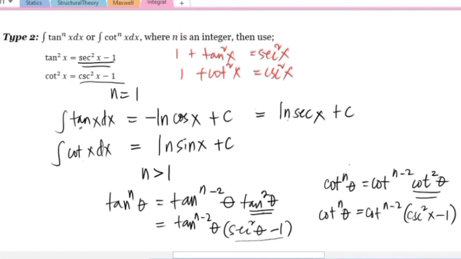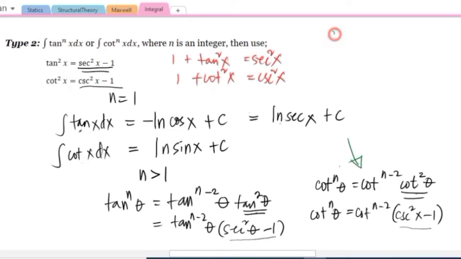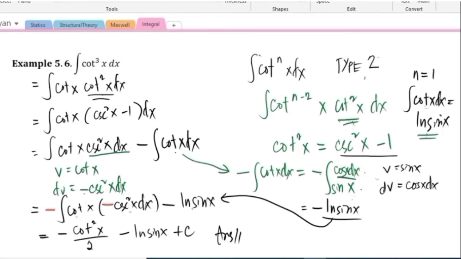And if it is cotangent, we have to factor out the cotangent square and then express this cotangent in terms of cosecant square minus 1. Since in our problem, we have the cotangent cube x dx, so this would fall in this situation. So, gagawin natin is to factor out the cotangent square. So, this would be cotangent x cotangent square x dx.